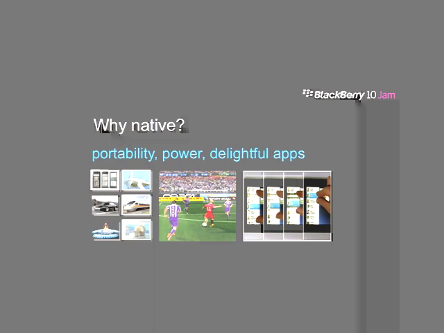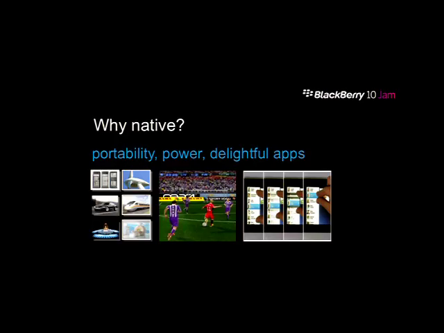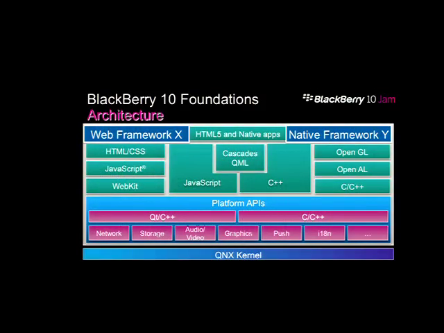So how do we go about implementing a framework such as Appcelerator onto BlackBerry 10? Essentially, we look at the architecture of BlackBerry 10, and we look at all the frameworks that it provides and where Appcelerator could fit into this picture.